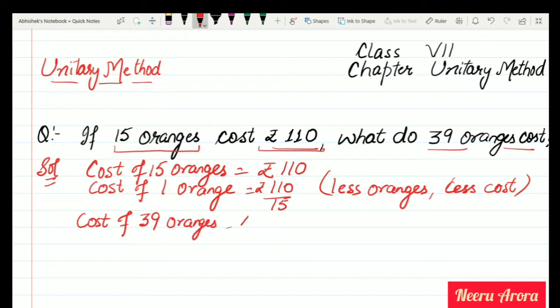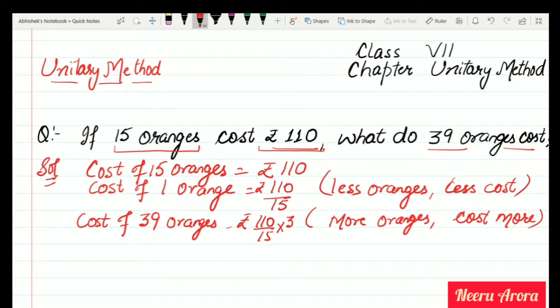Here number of oranges are more, so the cost will also be more. So we'll multiply it by 39. Let's do the cutting. It is 13, 5 and here it comes 22, and the cost of 39 oranges is 22 into 13, that is rupees 286. This we have done in our junior classes.